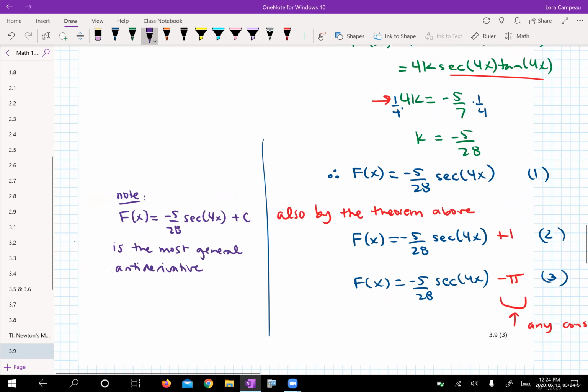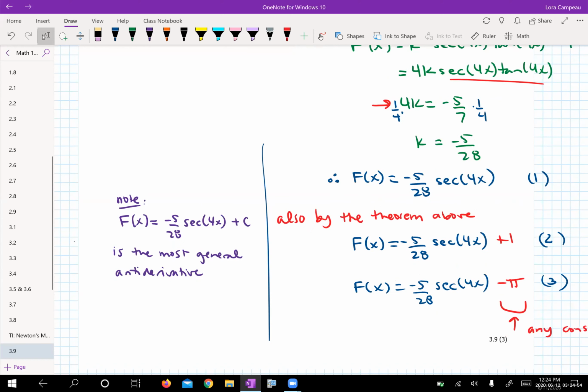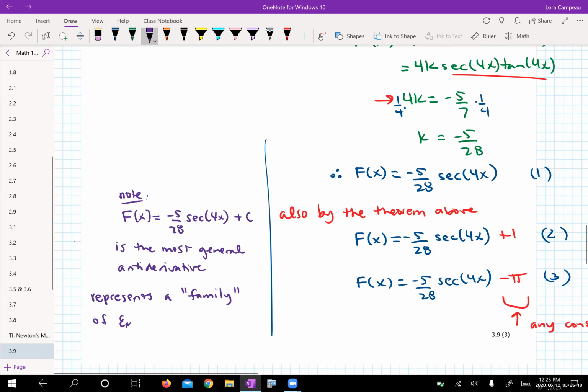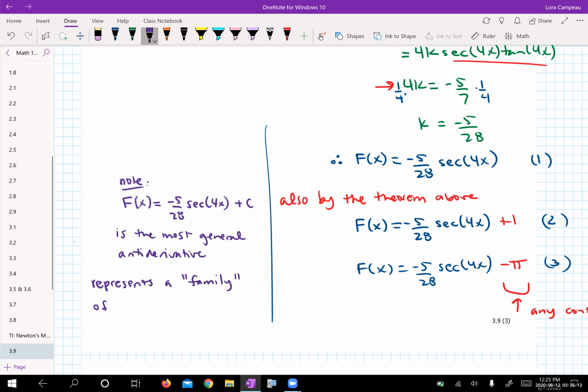And I like the way they use this notation, it actually represents a family of antiderivatives. So that might be a little friendlier. They all kind of look the same when you're dealing with x, but adding or subtracting any constant will account for all of the antiderivatives.